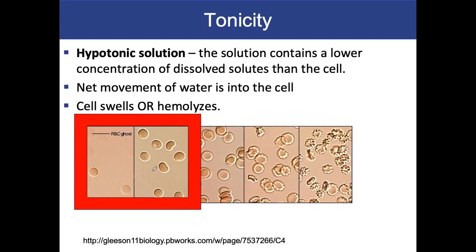Hypotonic solutions, right? Hypotonic solutions are solutions that have a lower concentration of dissolved solutes than the cell, right? So the cell is 0.9. If you look at the red blood cells, your cell is 0.9. And then the solution outside could be 0.5 or it could be 0%, right?